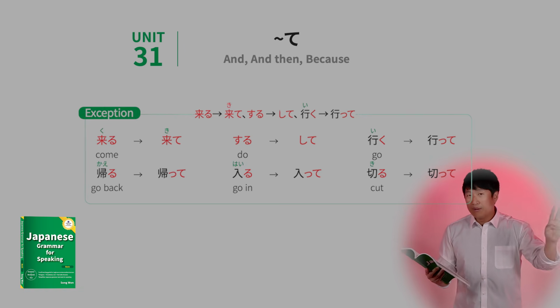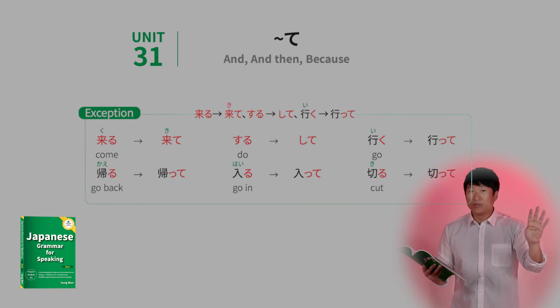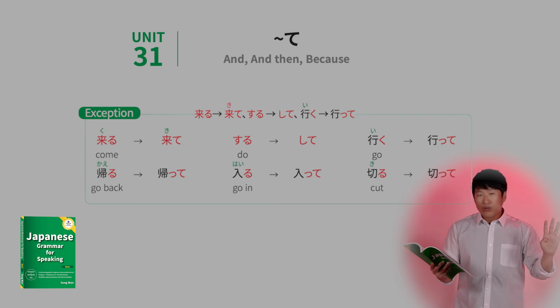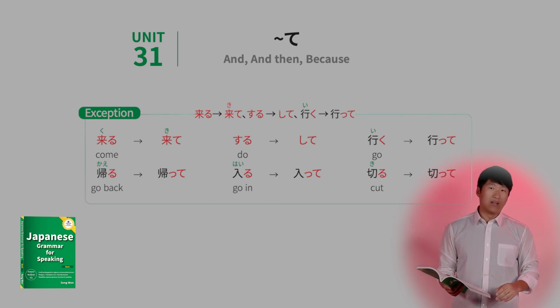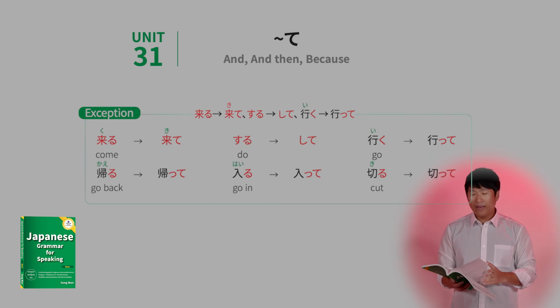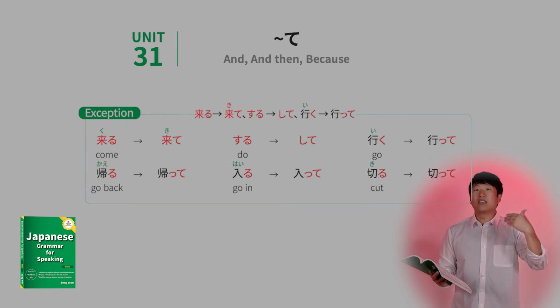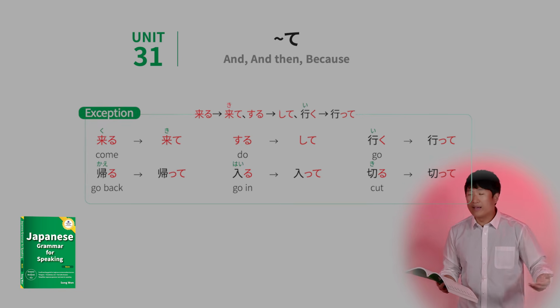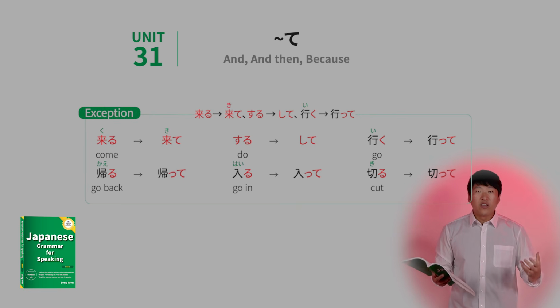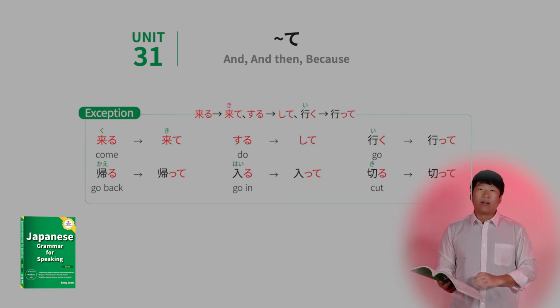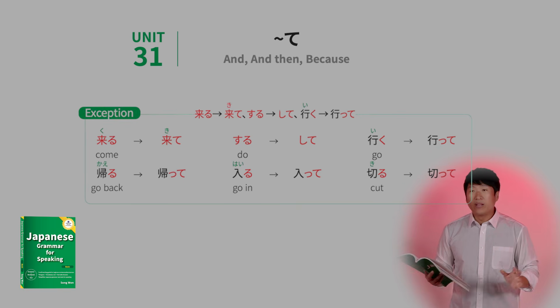So ku becomes ite, gu becomes ide, nu, mu, bu becomes unde, tsu, ru, u becomes tte, su becomes shite, ru becomes te. Just like that. Alright? So if you can't really understand just watching this video once, then just keep watching twice, three times, four, five times, until you feel confident enough to figure out how to conjugate this te with other words.